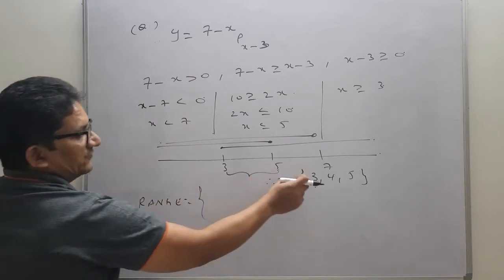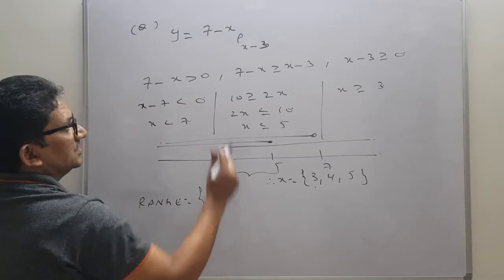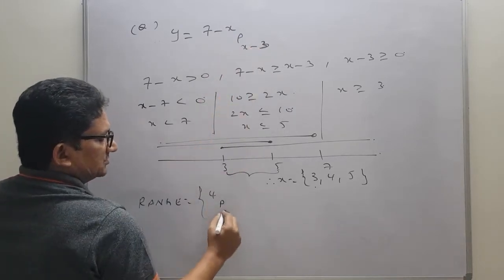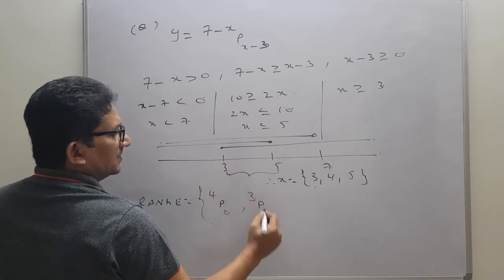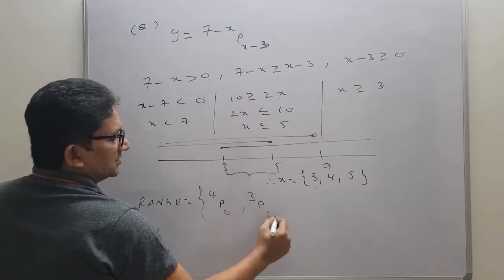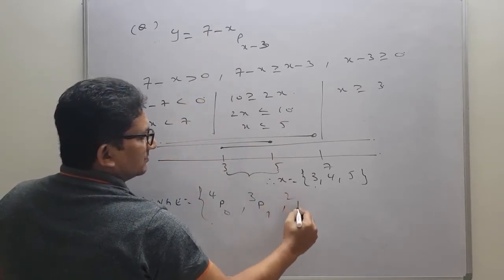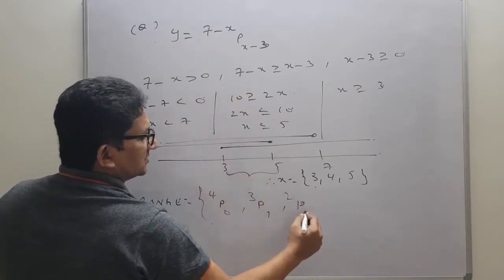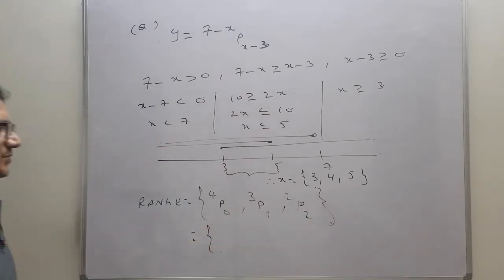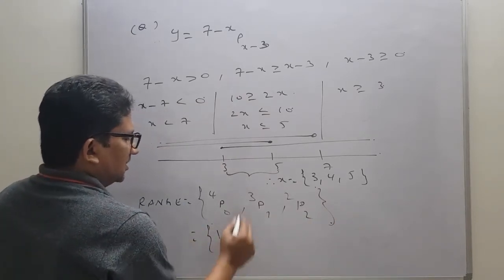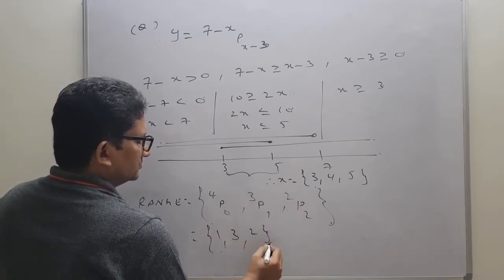If x equals 3, 7 minus 3 is 4, P, 3 minus 3 is 0. Next, 4: 7 minus 4 is 3, P, 4 minus 3 is 1. Next, 5: 7 minus 5 is 2, P, 5 minus 3 is 2. So the corresponding values are 4P0 is 1, 3P1 is 3, and 2P2 is 2.